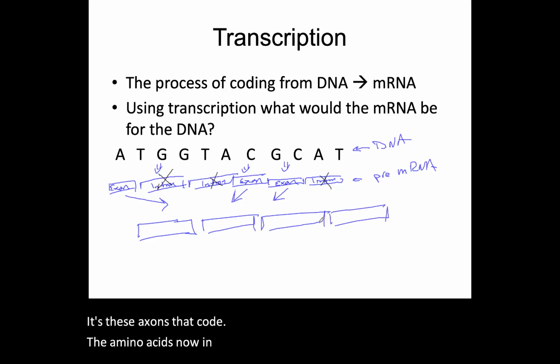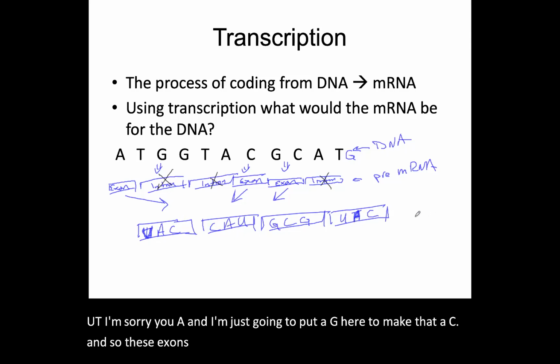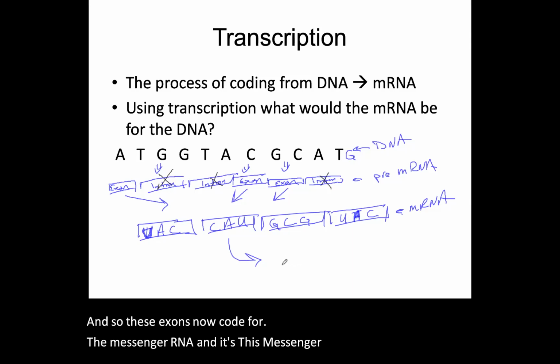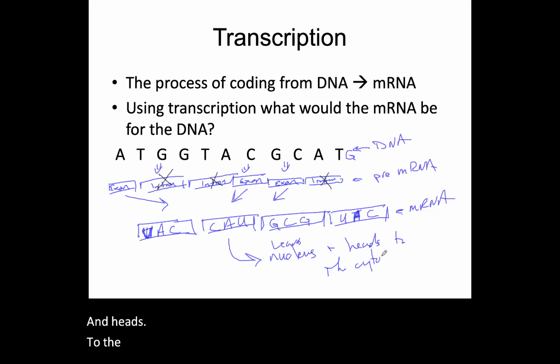Now in this case, these exons would be U, A, C, C, A, U, G, C, G, U, U, A, and I'm just going to put a G here to make that a C. And so these exons now make up the messenger RNA, and it's this messenger RNA, remember, that is going to leave the nucleus and head to the cytosol. All right, let's go ahead and pick up with that next.